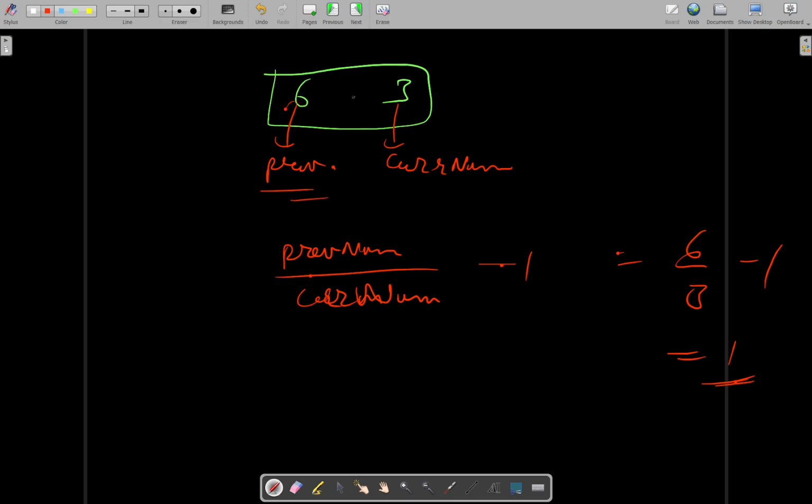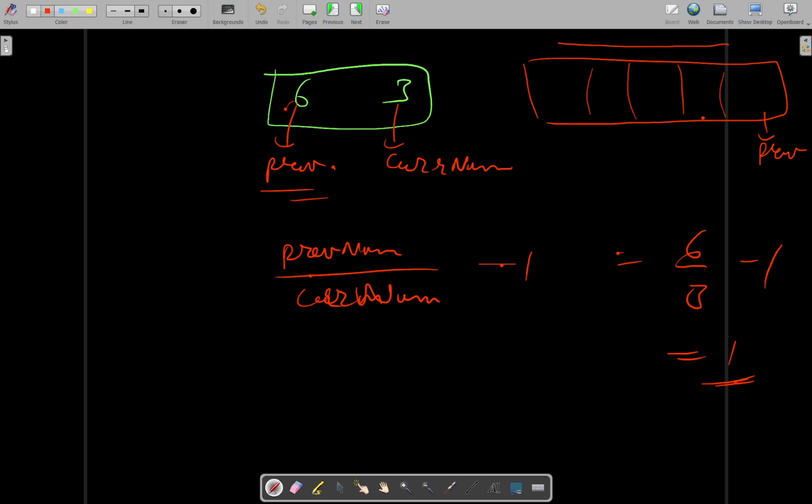So I hope you are able to understand, but if the length of the array is more than 2, then you have to take proper denotions of these current and previous numbers. So this will be our previous, since we are traversing from right to left in this direction, and this will be our current.